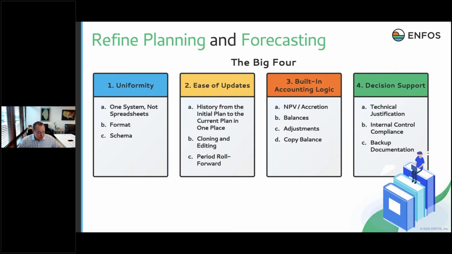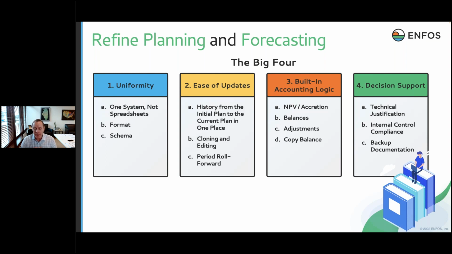All right, my next principle is refined planning and forecasting. This is principle number 4. I break refined planning and forecasting down into these four areas: uniformity, ease of updates, built-in accounting logic, and decision support.